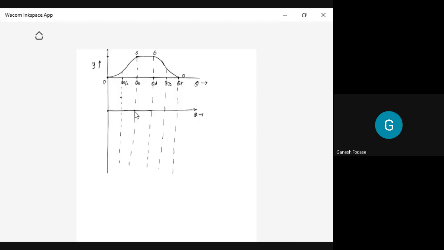And how do I join these 3 points? I know these 3 points, 1, 2, 3. What is the nature of the curve?